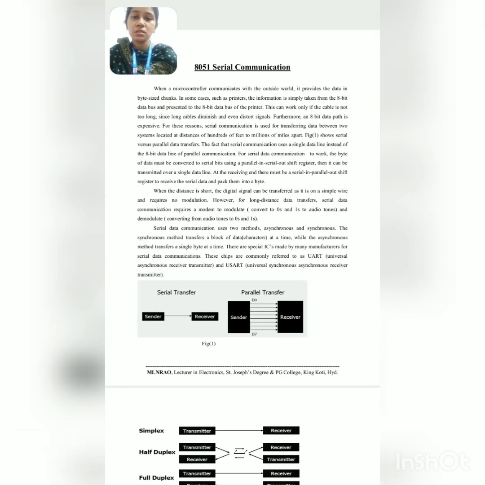Today's topic is 8051 serial communication. When a microcontroller communicates with the outside world, it provides the data in byte-sized chunks. In some cases, such as a printer, the information is simply taken from the 8-bit data bus and presented to the 8-bit data bus of the printer.